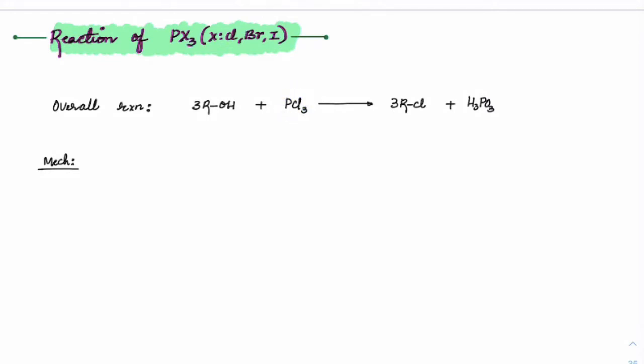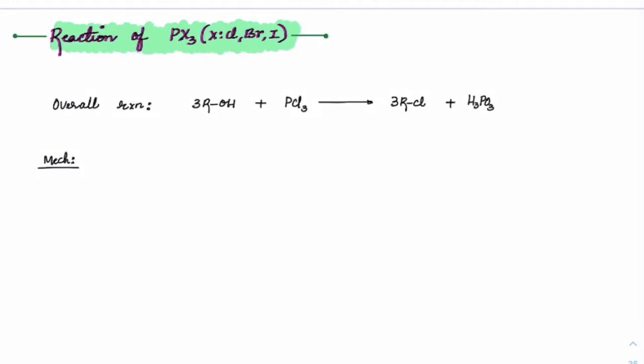PCl3 can exist in a liquid form, so it can be added to ROH and the reaction will take place. If a base is given, don't worry, the reaction will still go in the same direction, except that the rate will increase.